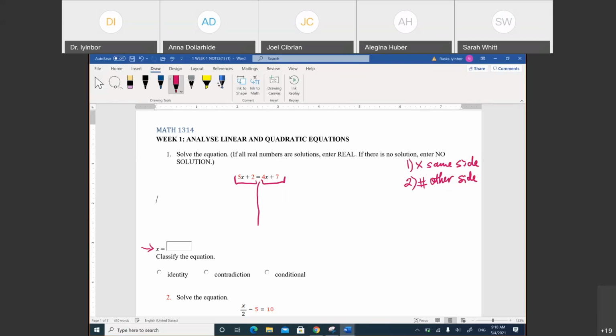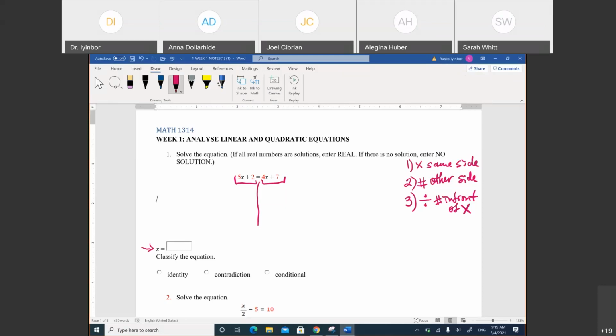If the x is in the right, the numbers are going to be in the left side. Always have to be in opposite side of the equal sign. And then the last step is divide by the number in front of x. And when you divide by the number in front of x, you're going to get x equals something. Okay? So these are pretty much the steps.